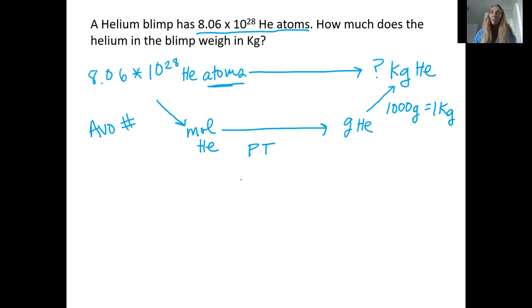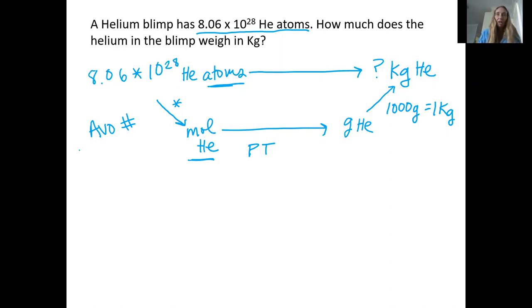Okay, so now remember, I have my whole entire plan laid out. Remember, for every single arrow there is in my plan that I'm going to go through is one dimension of my dimensional analysis. And then every break right here is the unit and label that my plan should end in. Okay, so this is a 1, 2, 3-step calculation that will get me from helium atoms into kilograms of helium.